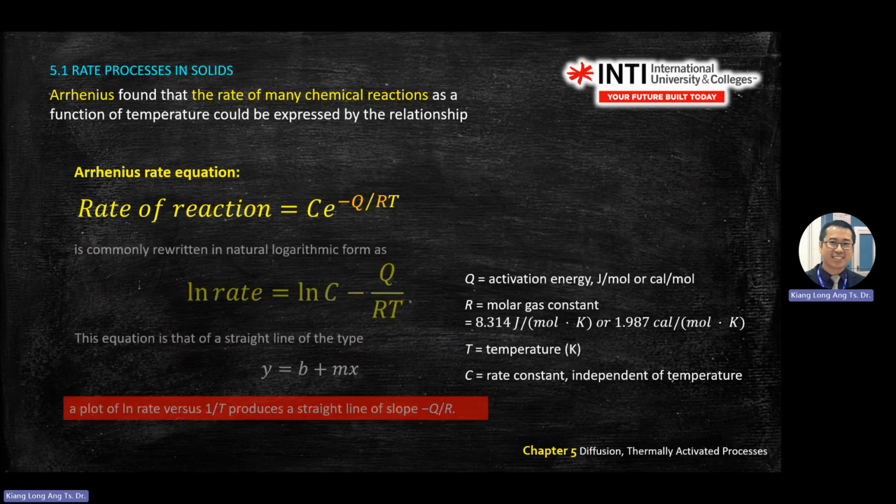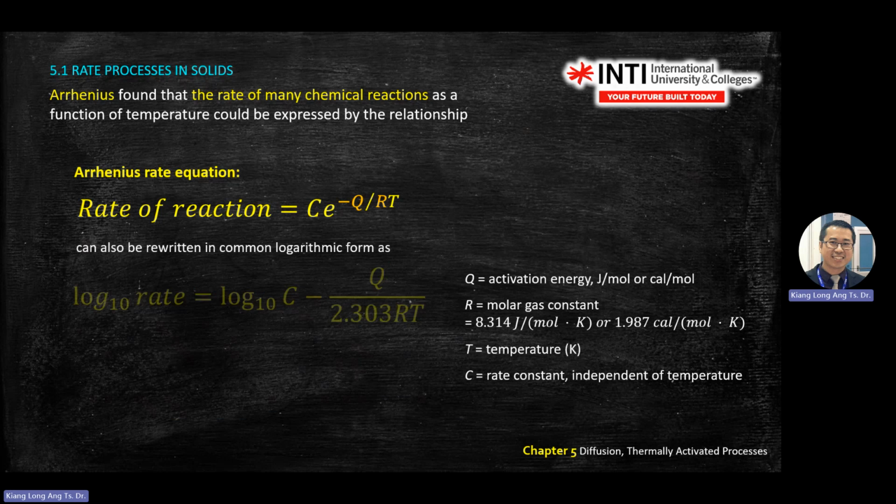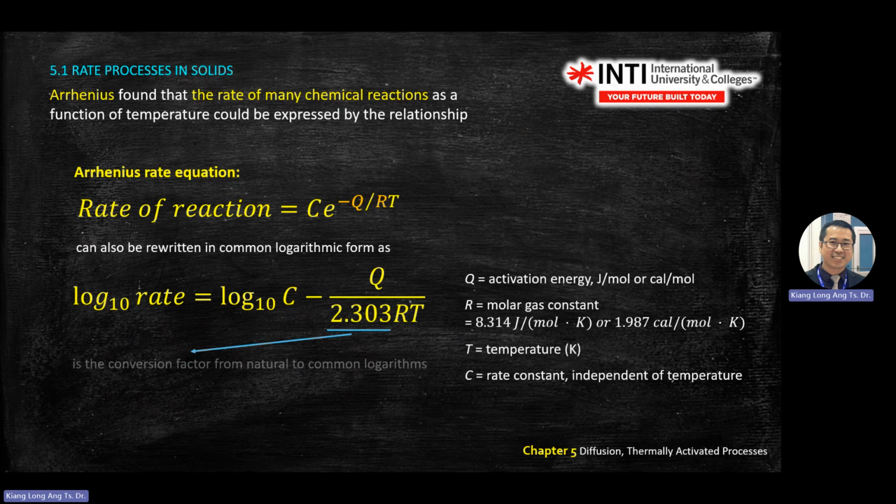If you don't want to write in ln, straight away you can write log 10 rate equals log C minus Q divided by 2.303 RT. This is a conversion from ln to log. It depends on which one you prefer. Sometimes you can do in ln, sometimes in log 10 scale.